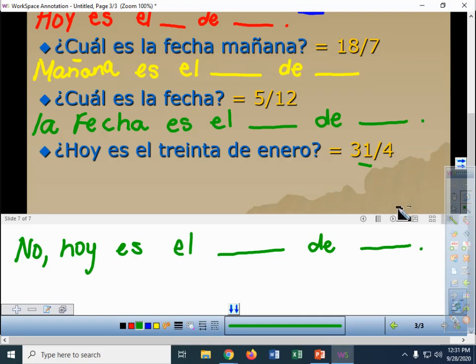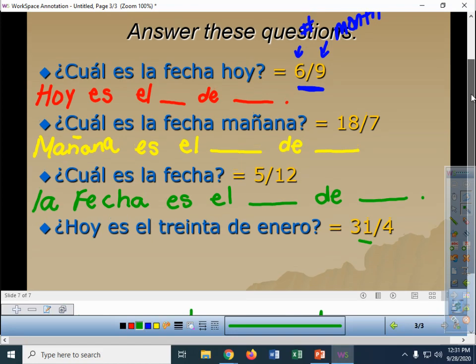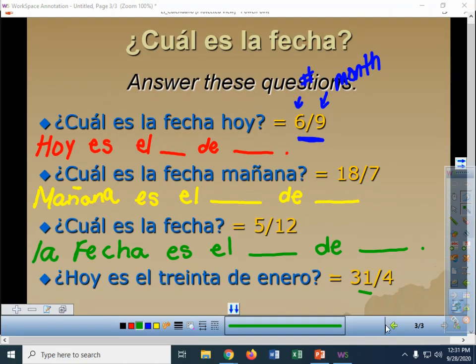What's 4? That would be April, abril. So that's your work for tomorrow. Giving you the answers right here. All right, guys. So we're going to practice a little bit more with this. Let me know if you have any questions.